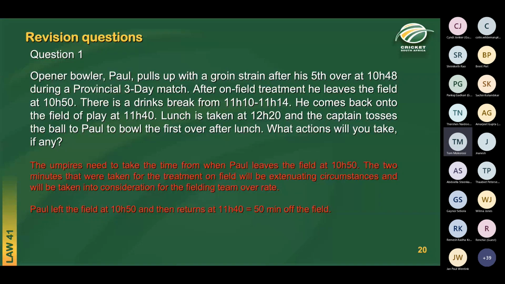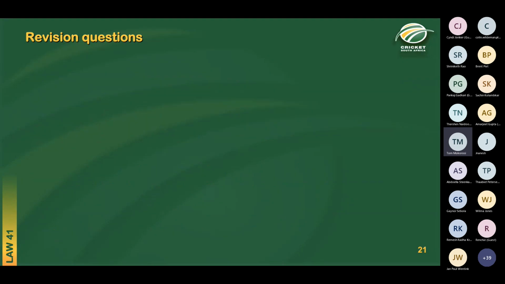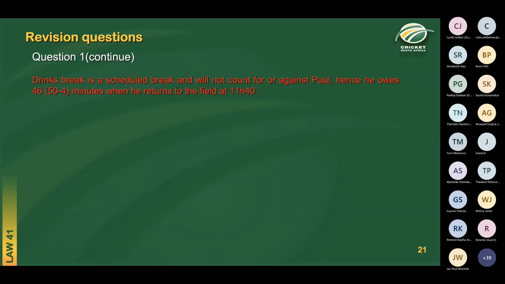incident by incident. The memorandum uses the full time that he was off the field, 10:50 to 11:40, which is 50 minutes. But then it notes that the drinks break was 4 minutes, 11:10 to 11:14. And we know that the scheduled break does not count for or against a player.